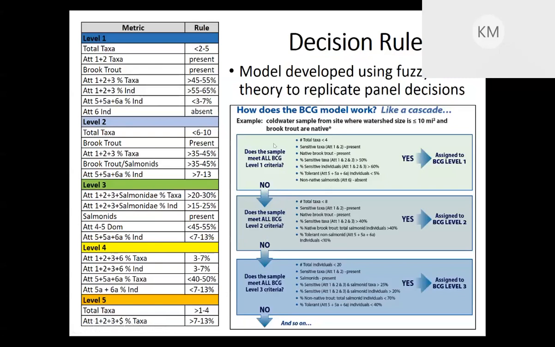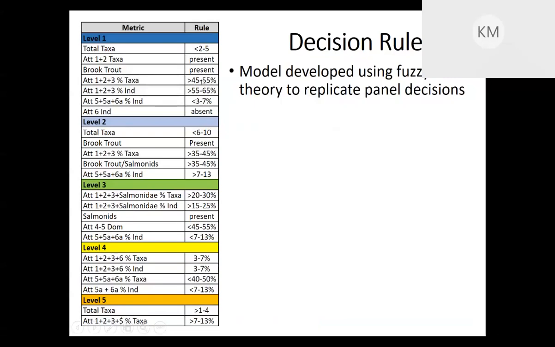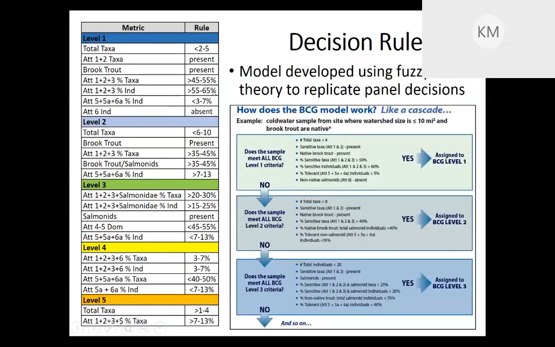You'll notice that the rule criteria, they're actually a range. This is because it's based on fuzzy set theory. What this means is once you assign a BCG level, it usually doesn't assign 100% probability of belonging to that level. It'll say, well, the sample is 60% BCG level 2, 40% BCG level 3.